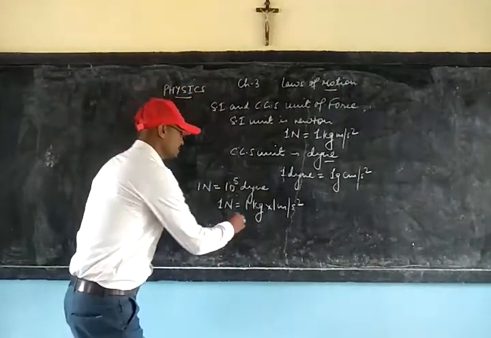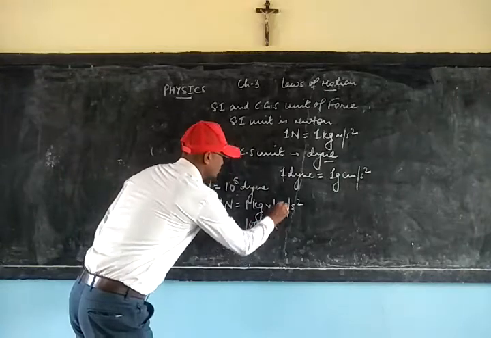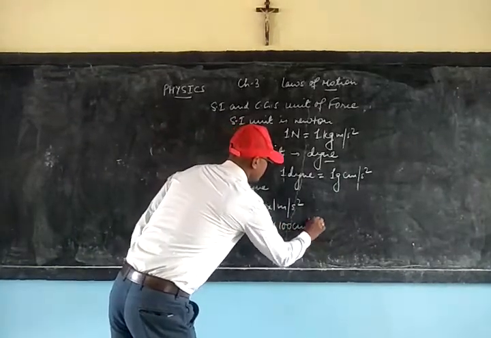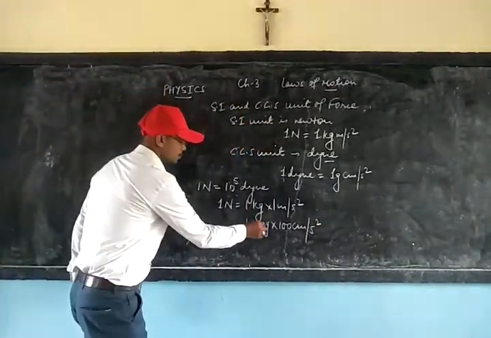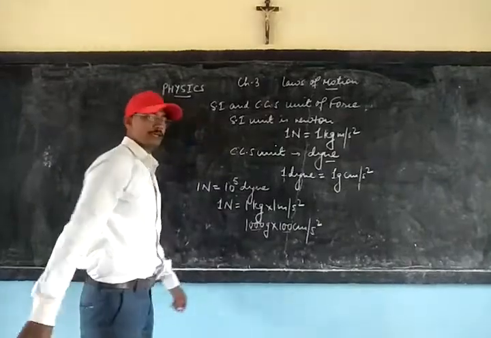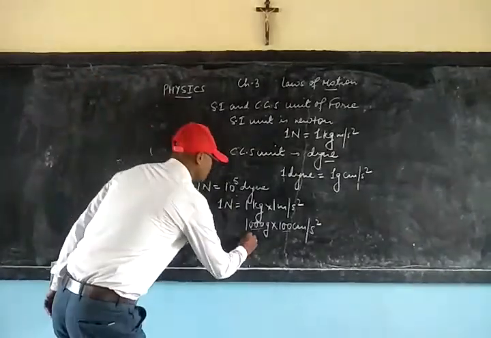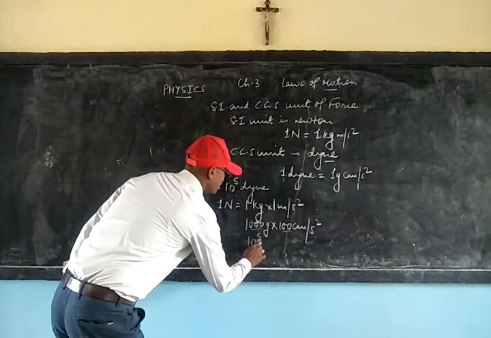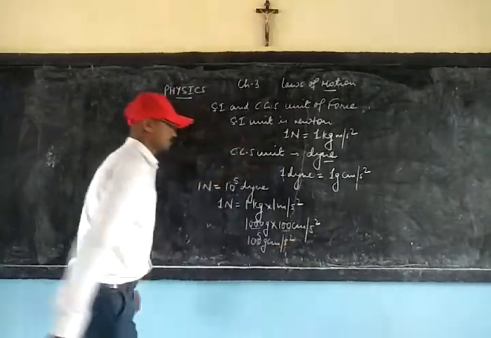So we get 1000 gram into 100 centimeter per second square. You can see the number of zeros, 3 and 2, so altogether 5 zeros are there. So we can write 10 to the power 5 gram centimeter per second square.